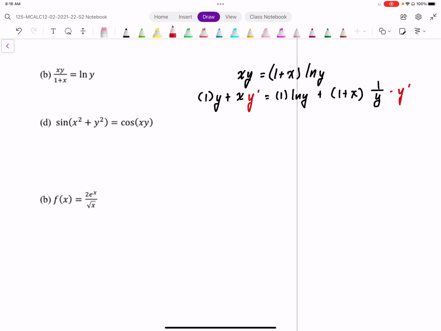Now, in this case, we can then expand this all and combine like terms and bring all the y primes to one side. So let's just simplify this first.